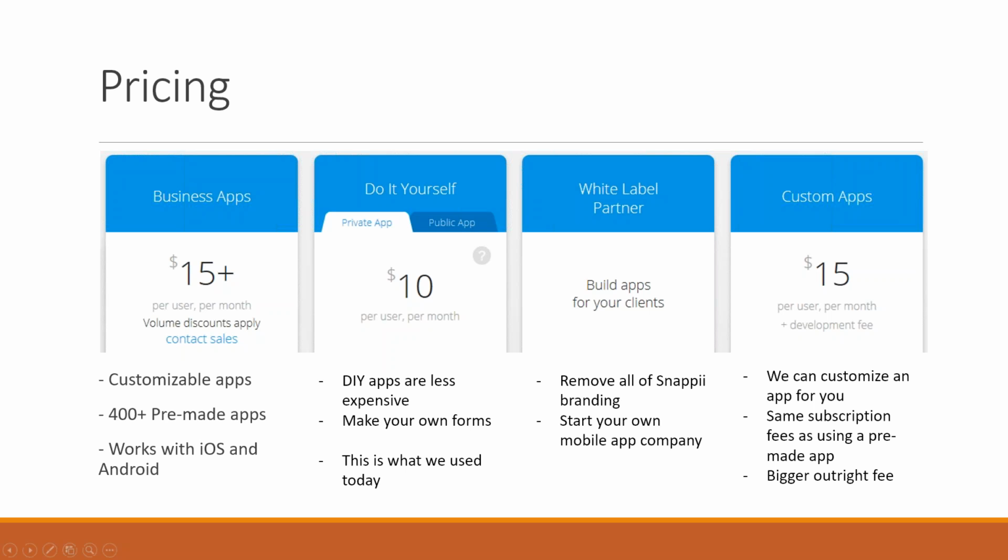Since there's a development fee, obviously this is going to cost a little bit more than the business app, where we're just customizing an app. That's the difference. With this one you're making it from complete scratch, and you give your requirements to the sales team, and they take your requirements, give them to the developers, and they make something for you.